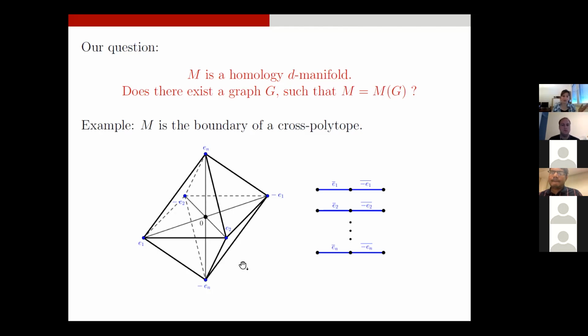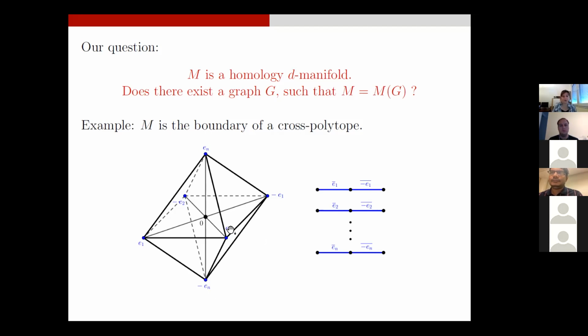We just need, for example, En to be adjacent to minus En when we look at the graph, right? And nothing else. And that's how we get that the only graph that has this cross polytope as matching complex is a graph that contains n copies of the path on three vertices. And that's one of the examples that are going to appear in the general theorem too.